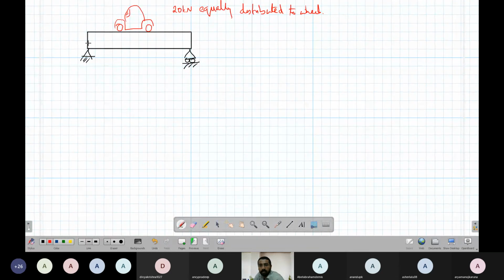The location of the wheels is given like this. Let's say this is 3 meters, this is 1.5 meters, and this is 3 meters again.